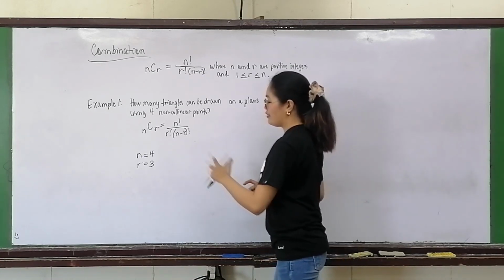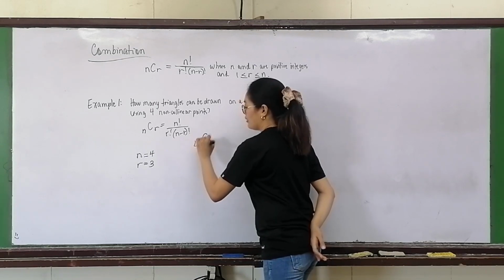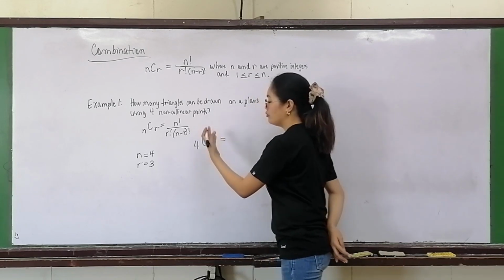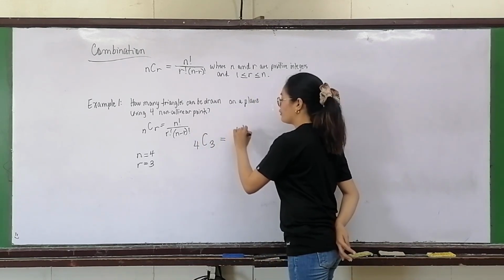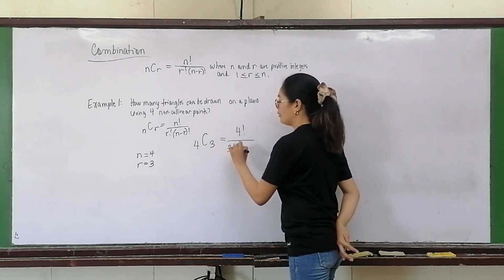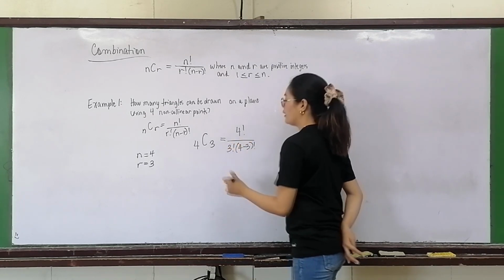Now, substituting these values, we have 4C3, or the combination of 4 taken 3, equals 4 factorial over 3 factorial times 4 minus 3 factorial.